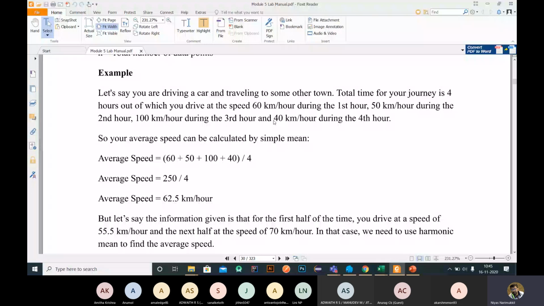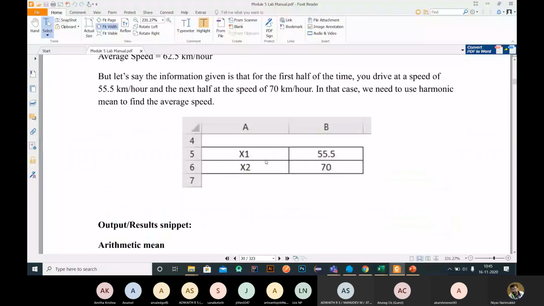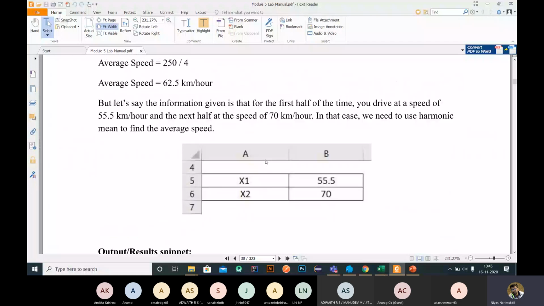The second case is, let's say the information is not given per hour like that.